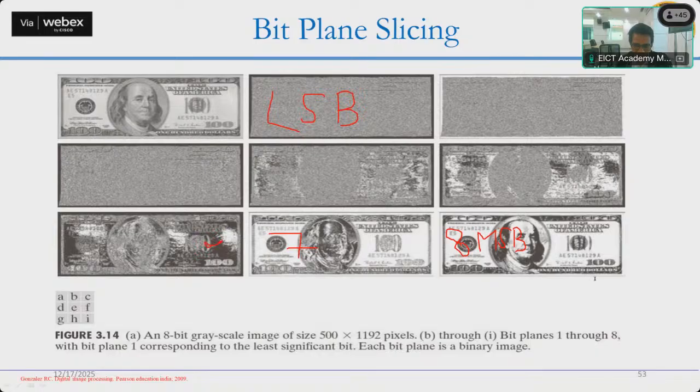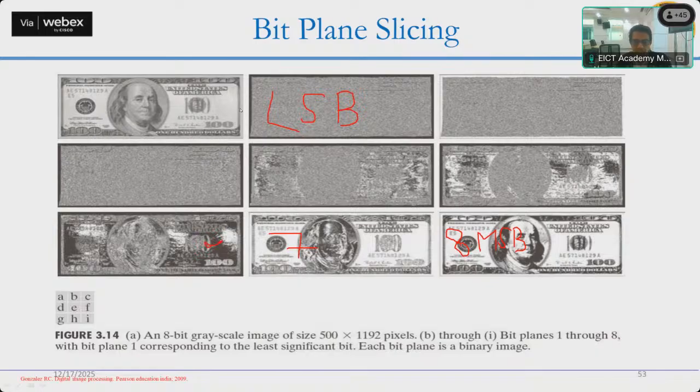So this thing is also used for compression. Because instead of 8 bits at every pixel, for example, if my image is of size 5 by 5, that means 25, so 25 multiplied by 8 is basically 200. And instead of 200 bits, I can transmit it with only 25 bits.